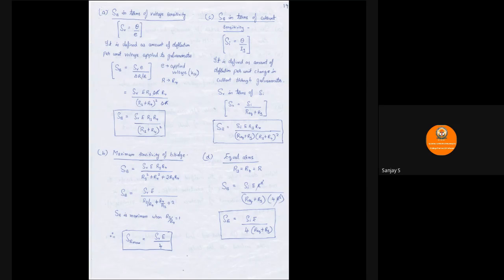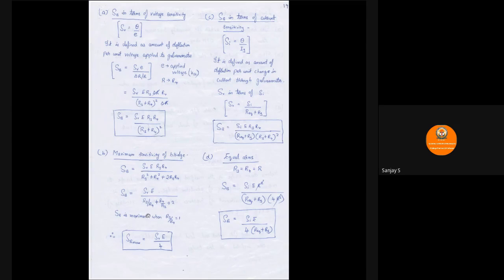So what we have done here is divided the entire denominator by R3 R4, or we have transferred this R3 R4 from the numerator into the denominator. So we are left out with SV E divided by R3 by R4 plus R4 by R3 plus 2. So from this we can see that whenever R3 by R4 ratio is equal to 1, this particular SB can be maximum.